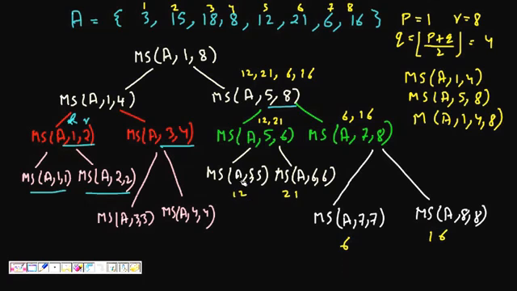If you merge these two, these are sorted arrays of size 1, so it will be 6, 16. Now these are two sorted arrays.